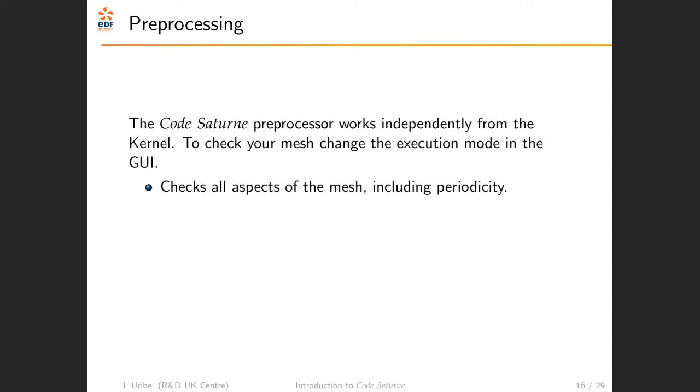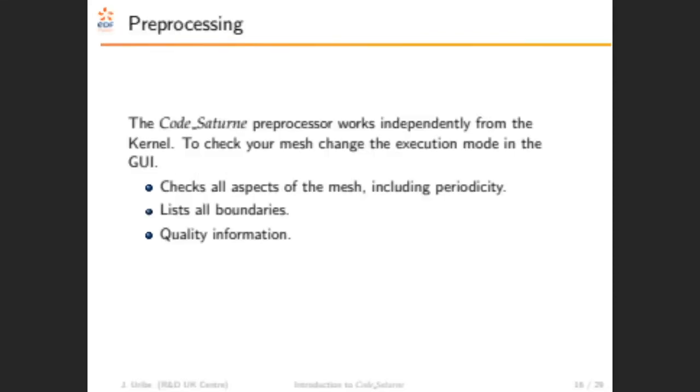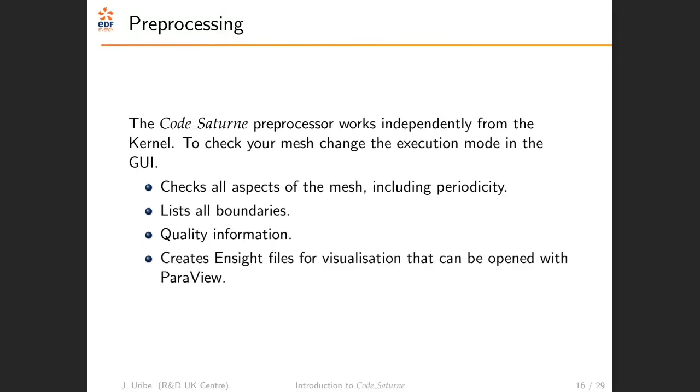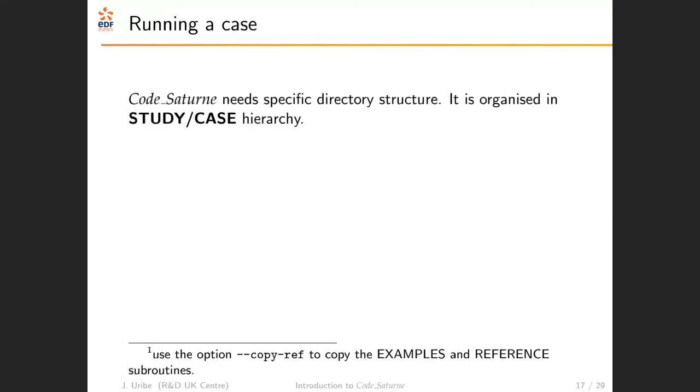You can check that the mesh is valid, but you can also see the quality index of the mesh, see the boundaries or any other zone that is inside the mesh, information that is in there. And after reading that mesh and creating all of this information, it is stored in files that you can post-process using ParaView.